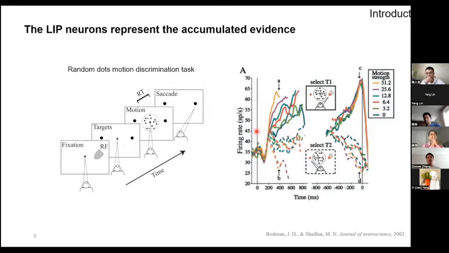When the monkey chooses the target in the receptive field, which is the solid line here, the firing rate will reach the same level before the decision. This suggests that the LIP neurons encoded the accumulated evidence supporting the target in the receptive field in this decision-making task.